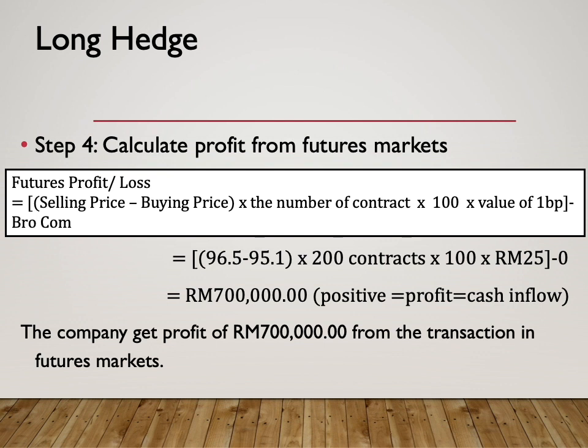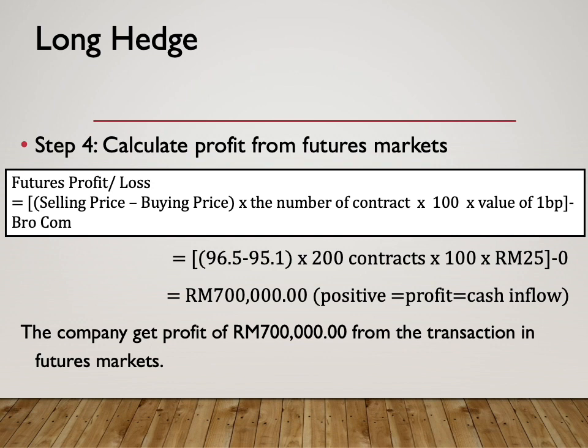So 96.5 minus 95.1 times 200 number of contracts times 100 times 25 minus 0. Broker's commission is not given here. So you get 700,000, a positive amount. Positive means you make profit. Profit is cash inflow.